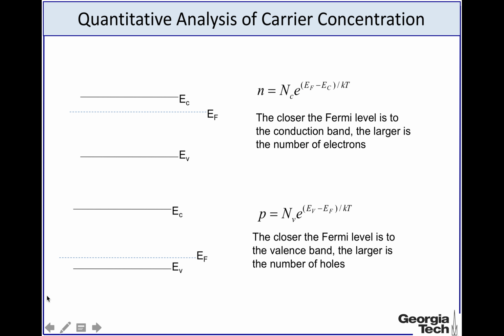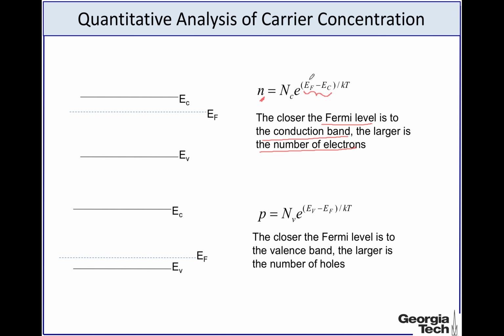Now let's look at what happens if you have an extrinsic semiconductor, a semiconductor that is doped with either a donor or an acceptor. First, if the Fermi level is closer to the conduction band than it is to the valence band, then there will be a large number of electrons. Why is that? Because if EF minus EC is small, then n is large.